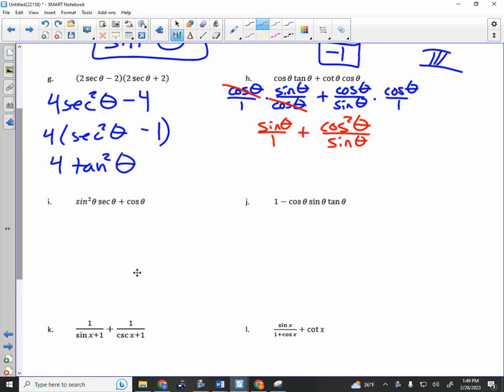But now as we look at the next step, you may say, well, what pairs well with a cosine squared? What do we like to see with a cosine squared? A sine squared. Is there a way we could get a sine squared? Create common denominators.